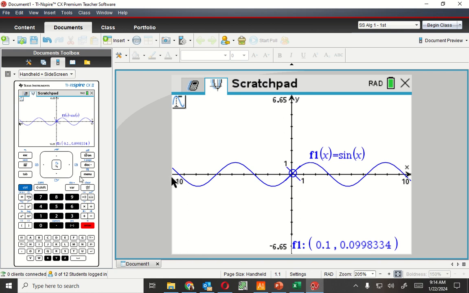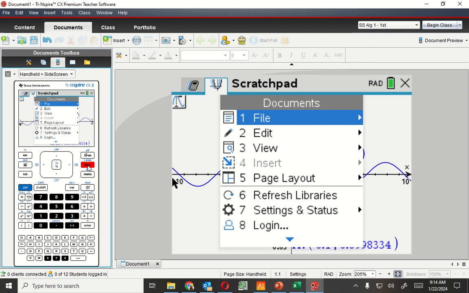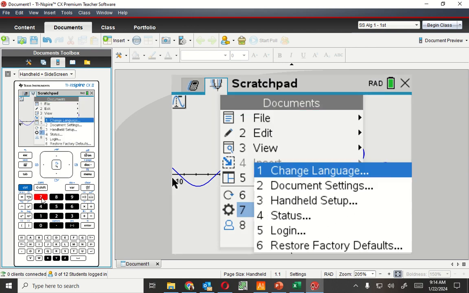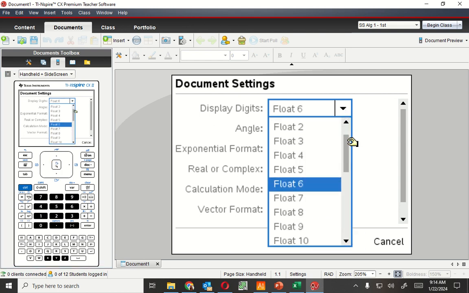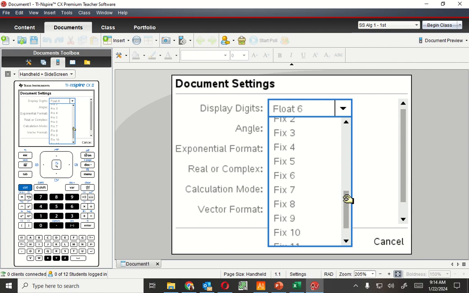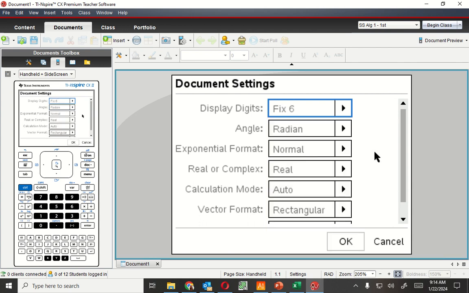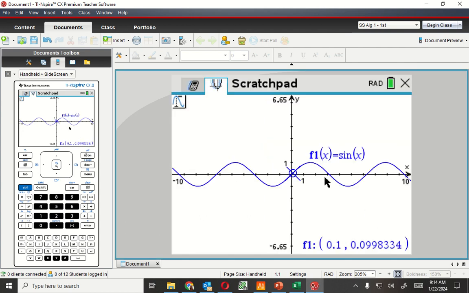So if you want to change that, you just go doc. Settings is 7. Document settings. And I have mine set to float 6. Mine is 0.62. Here, let's do fix 6, so it's always going to show me 6. Hold on.